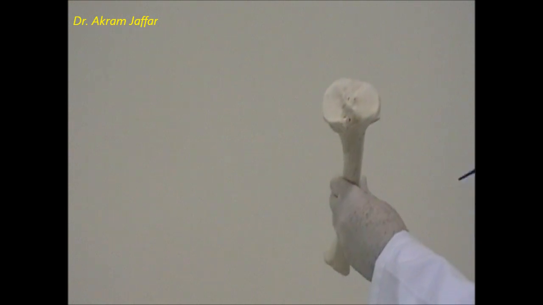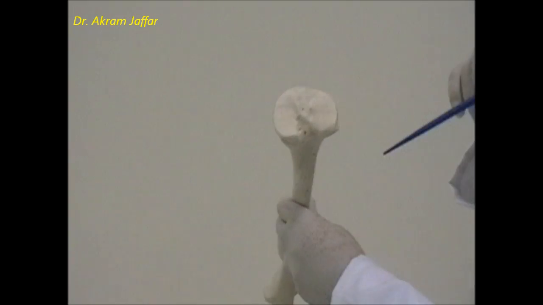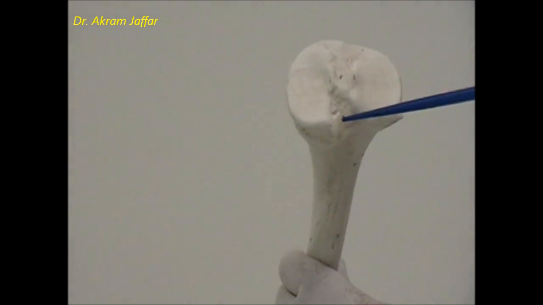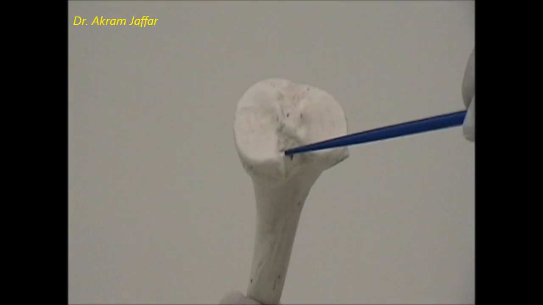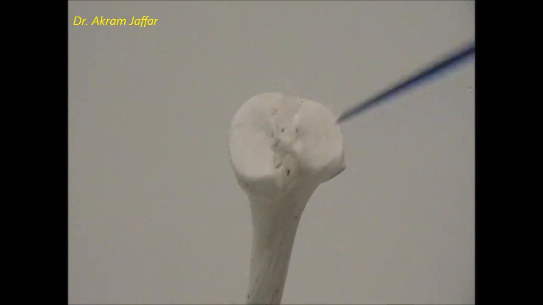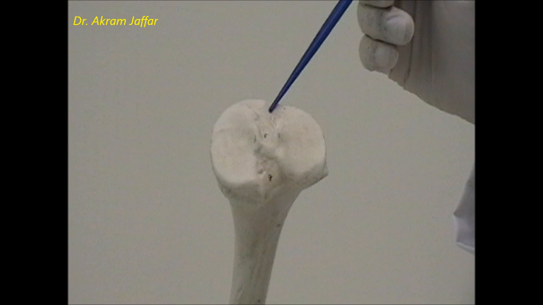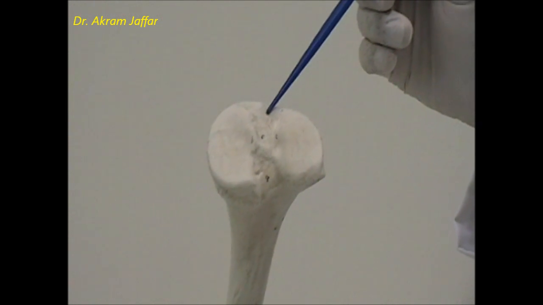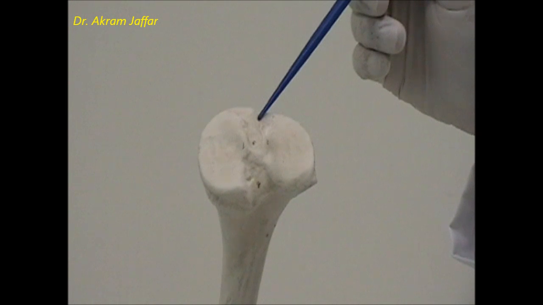So this is again the intercondylar area of the tibia between the two tibial plateaus. The posterior cruciate ligament is attached to the posterior aspect of the intercondylar area. That's why it's called the posterior cruciate, while the anterior cruciate ligament is attached to the anterior intercondylar area of the tibia, and that's why it's called the anterior cruciate ligament.